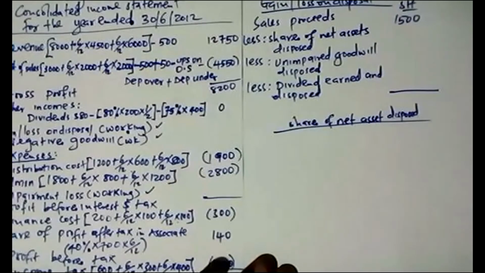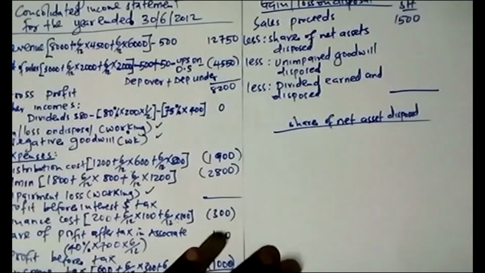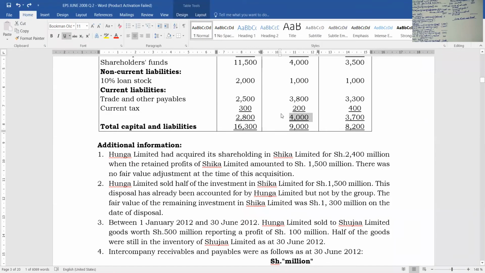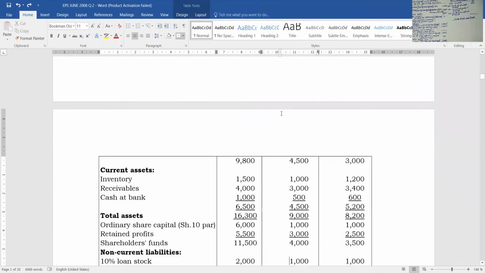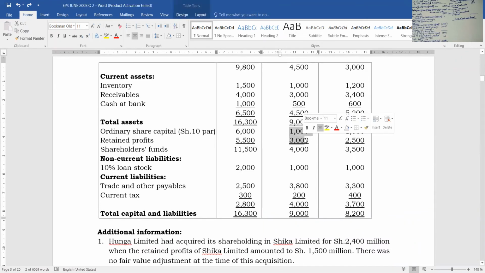Remember, these are equity items I would check for Shika. So I go to the equity part of the question, which is under the statement of financial position. Under equity, I can see I have 1,000 and 3,000 for ordinary share capital and retained profit.